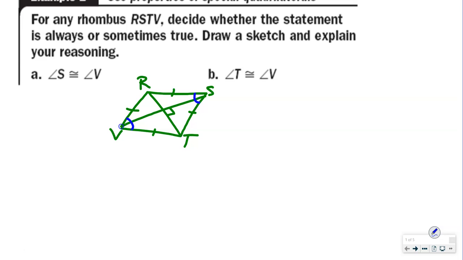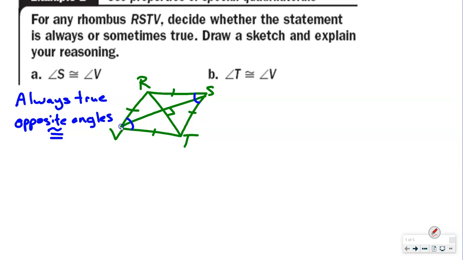Both pairs of opposite angles congruent. So S and V congruent, always true. And our reasoning: opposite angles are congruent.